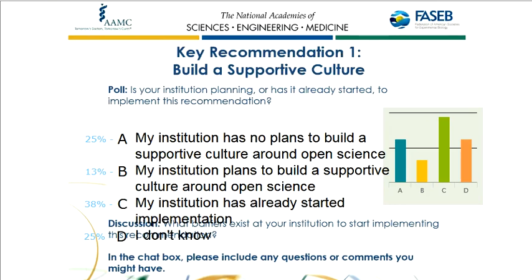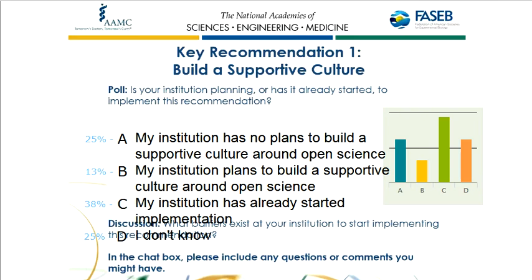So now, for the key recommendations for number 1, there's a poll, so you can use your chat box where you can decide whether your institution is planning or has already started to implement this recommendation. A, my institution has no plans to build a supportive culture around open science. B, my institution plans to build a supportive culture around open science. And C, my institution has already started implementation.